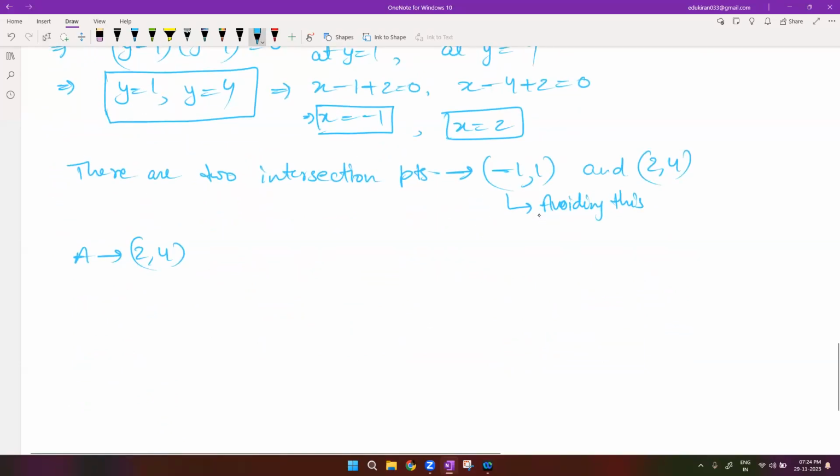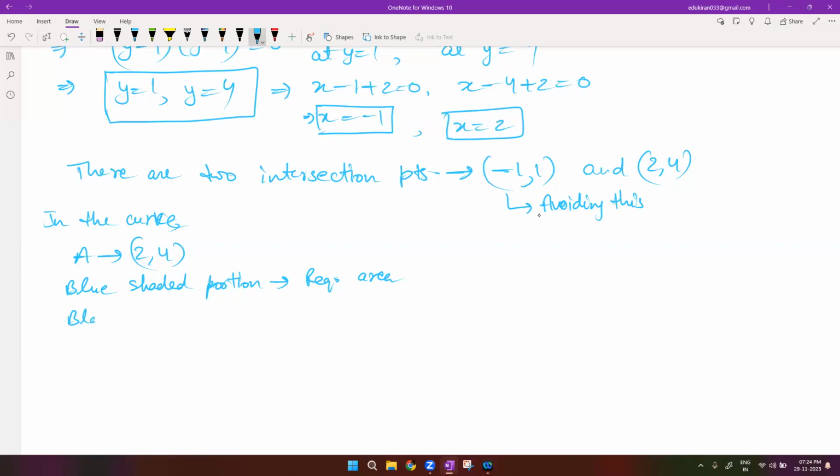In the curve, this A point is 2, 4. We know that. And the blue shaded portion is the required area.